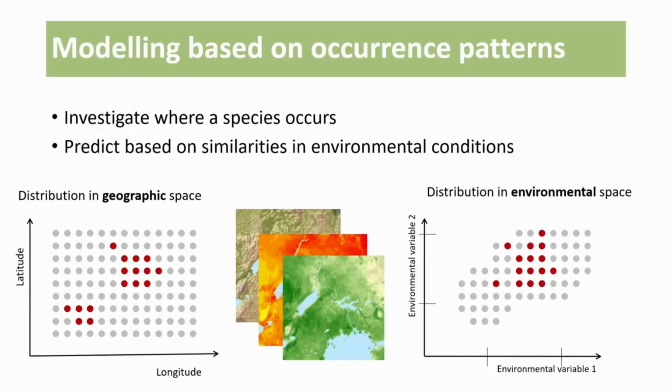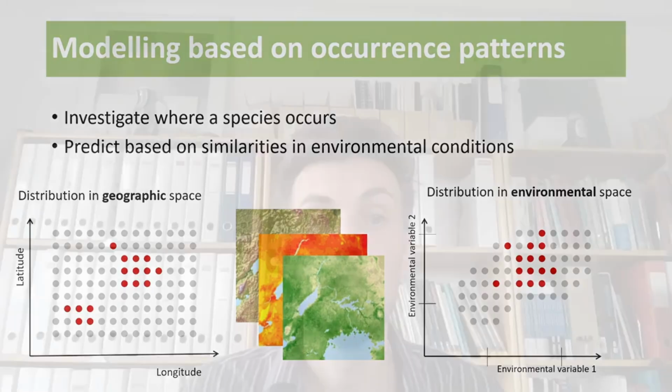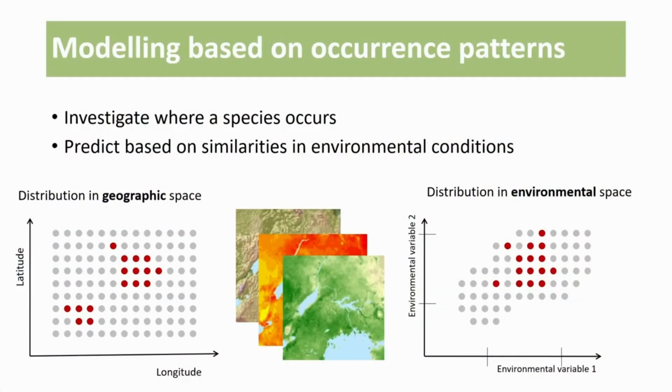And of course, one way we could start thinking about it is to look at where is the species now, right? So we have records for all kinds of species. We know where they are, and then we can measure what kind of environmental conditions, so temperature, precipitation, are there in those areas where these species occur.